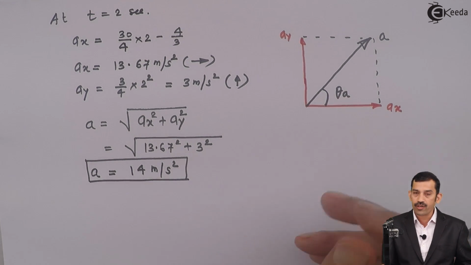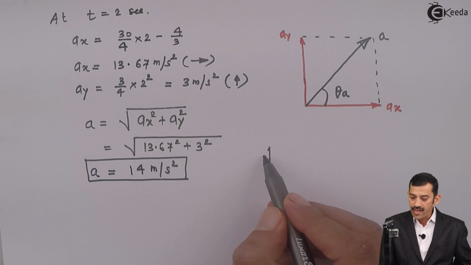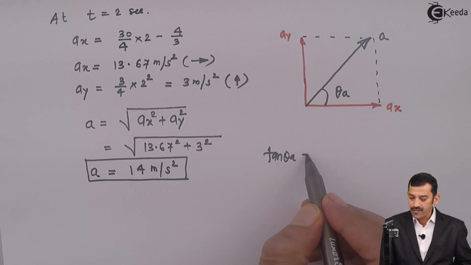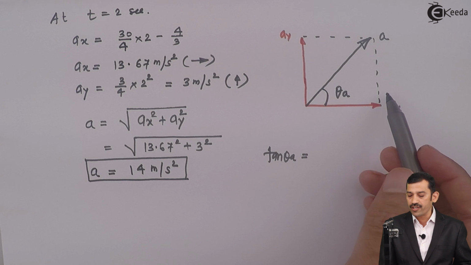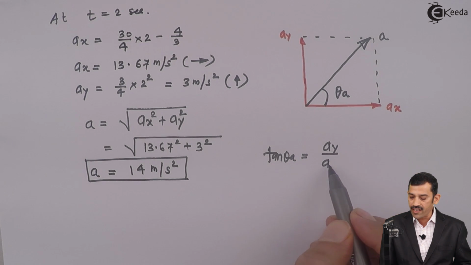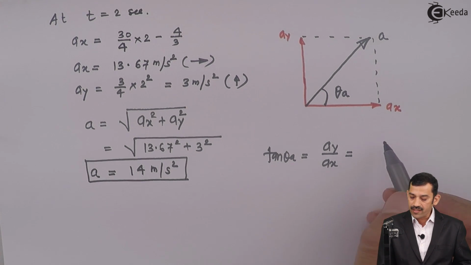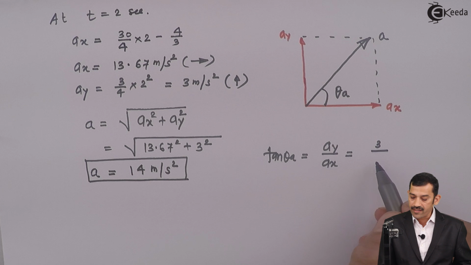Now if you want to find the inclination of resultant acceleration, tan of this theta A equals, tan means opposite upon adjacent, opposite is what? Ay, adjacent is nothing but Ax. If you substitute your values, Ay is 3 and Ax is 13.67.